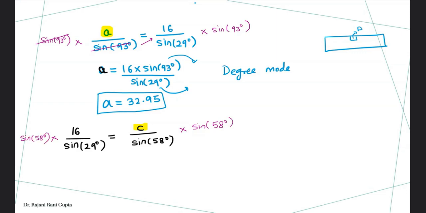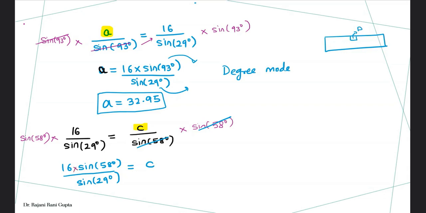So doing so, this cancels, and this gives us the value of c only. And this is 16 sine of 58 degrees divided by sine of 29 degrees. When we write 16 sine 58 degrees, it's understood that there is a multiplication sign.